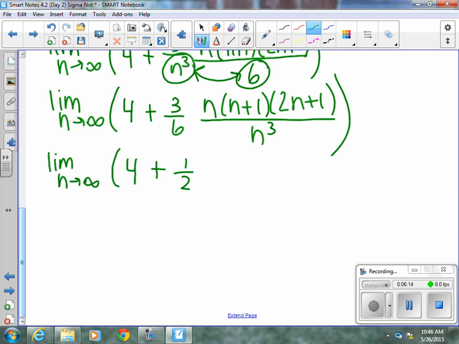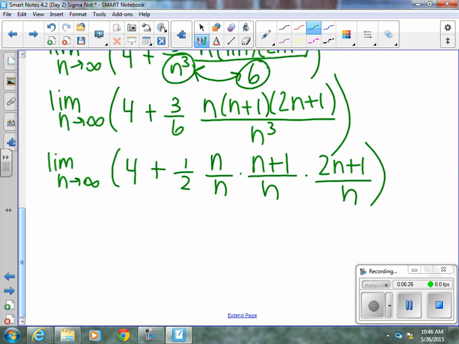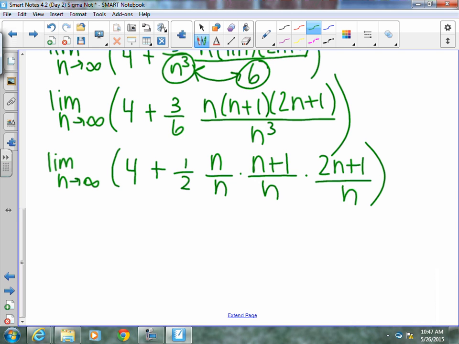Watch what I do with this long term at the end: n over n times n plus 1 over n times 2n plus 1 over n. So far, I haven't done anything illegal or wrong. I've just broken up my multiplication. Rather than multiplying together, I'm separating.